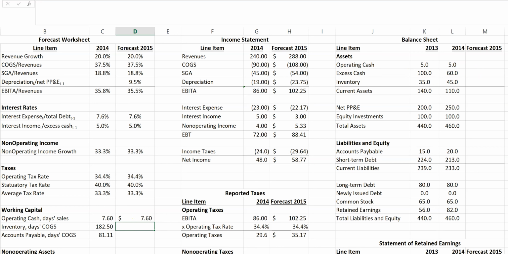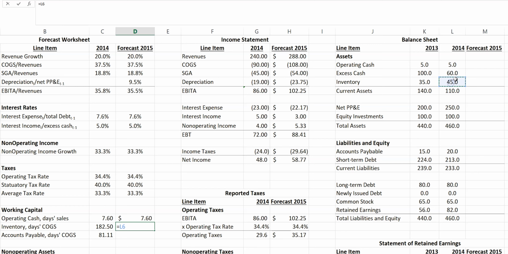And again, it might make more sense to think about inventory in terms of days, because this is how many days worth of revenue I need to hold in inventory. How many units do I need to sell? And again, revenue is not going to be our driver for inventory here, but cost of goods sold is going to be our driver of inventory, because this is going to be the best predictor for how much inventory I have on hand.